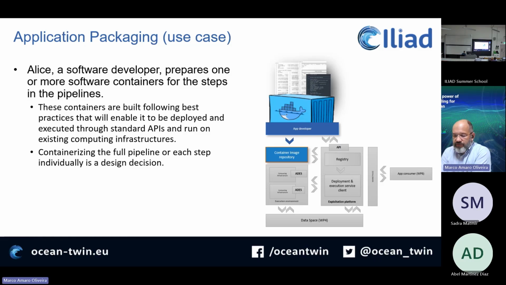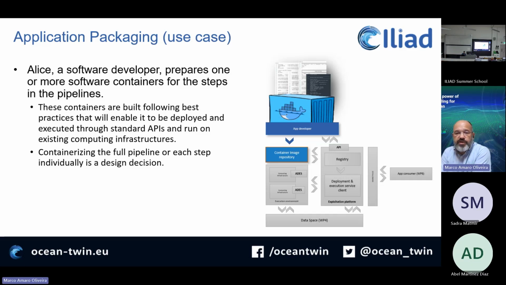Once we have the model, we start looking at the model and we try to identify which parts of that pipeline could be reused in other pipelines, and we extract them and build tools, which in a minute I will call application package tools. And these tools, orchestrated in a certain way and packaged in a certain way, will allow us to build pipelines, so the application packages.